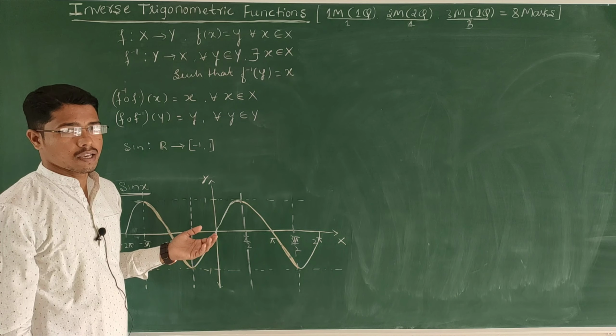So sine inverse will become invertible here also, on minus 3 pi by 2 to minus pi by 2, or minus pi by 2 to pi by 2, or one more is there, pi by 2 to 3 pi by 2, to minus 1 comma 1, and here also so on.